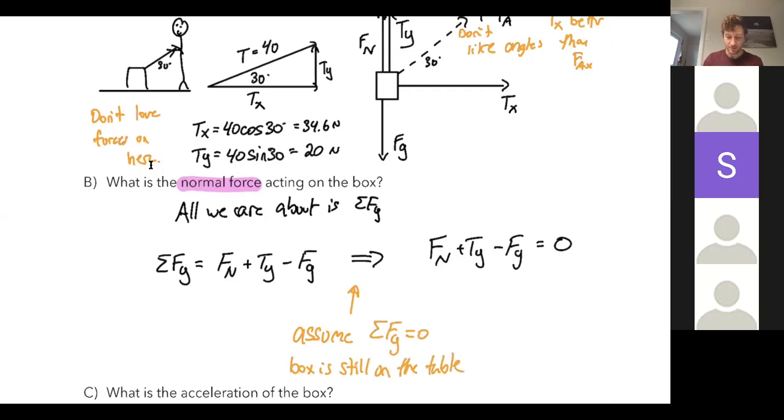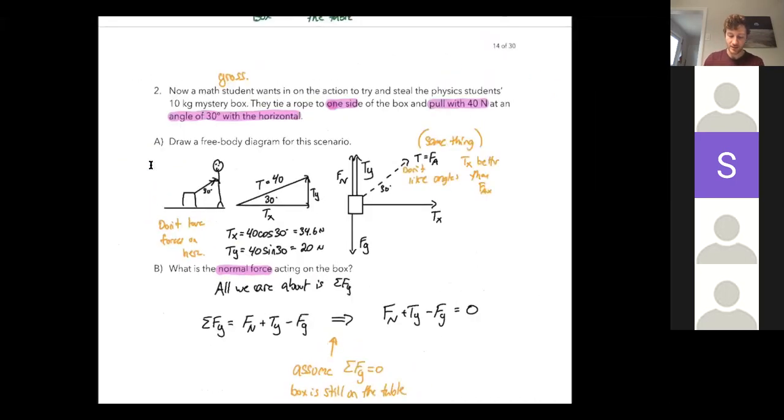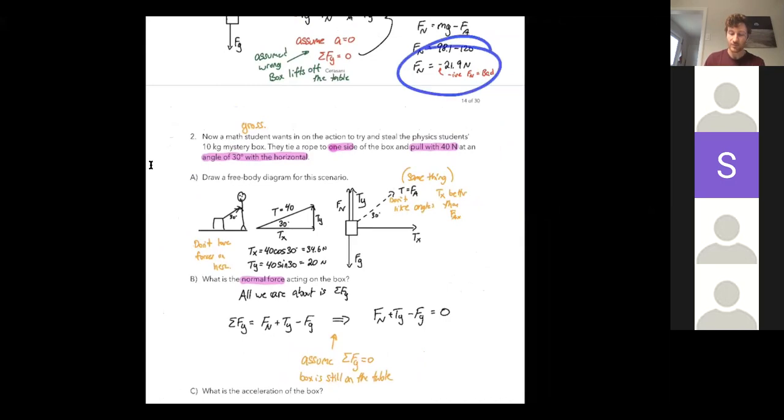Trust the math. Remember in the last question that we did, we got a negative normal force. The math will tell you if you're wrong. Don't be afraid. Make this assumption virtually every single time. Unless the box is telling you straight up it's moving vertically, assume that it's not. The math will tell you otherwise.